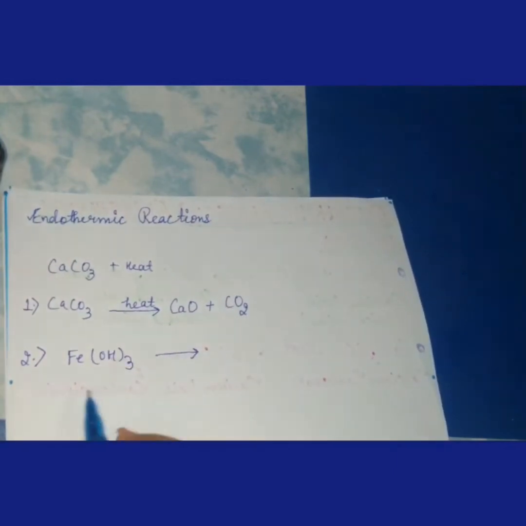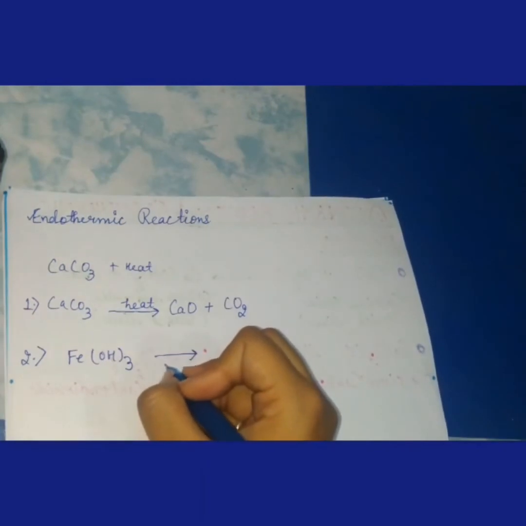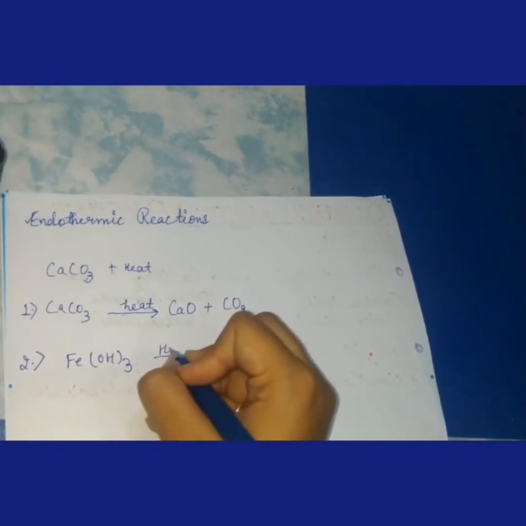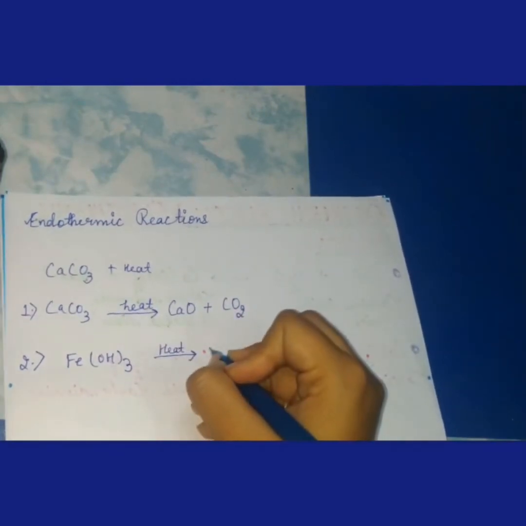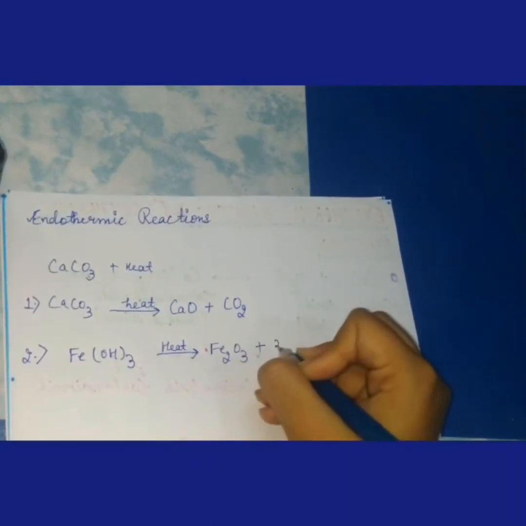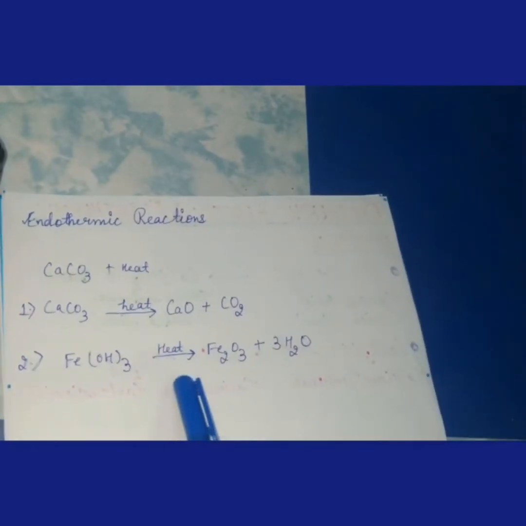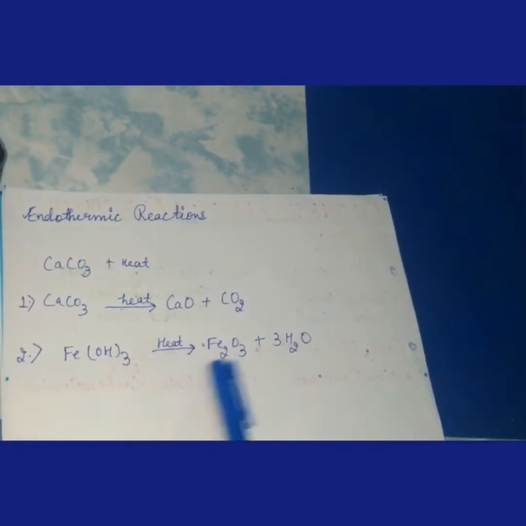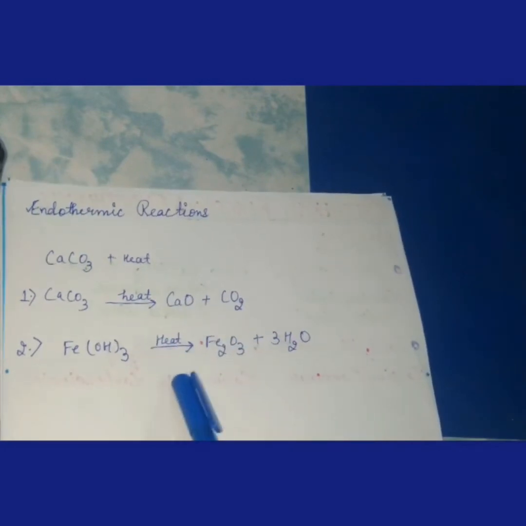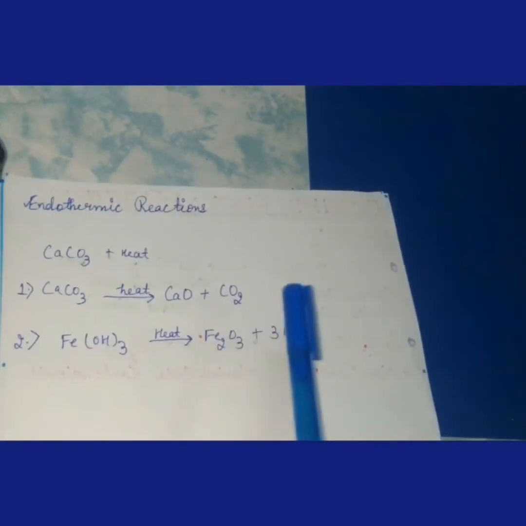On heating, ferric hydroxide undergoes decomposition in presence of heat to give ferric oxide and water. So that is the reason we call endothermic reactions decomposition reactions. In these reactions heat is absorbed. So students, this is all about endothermic reactions.